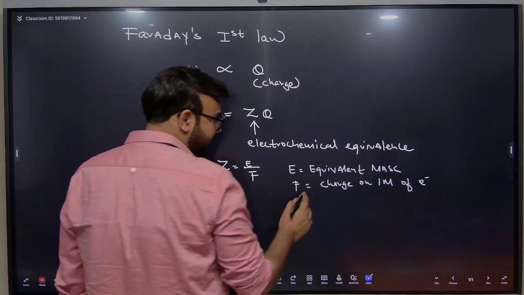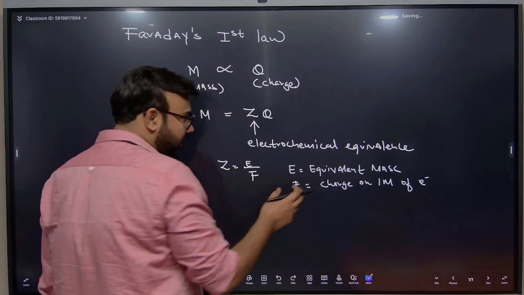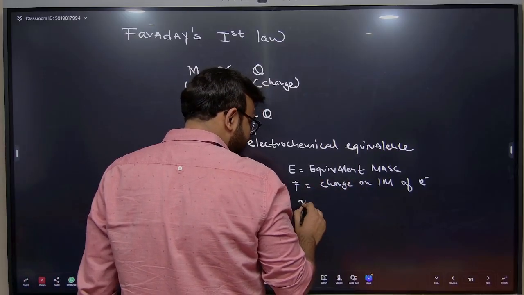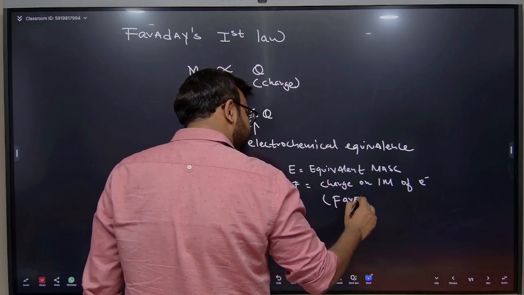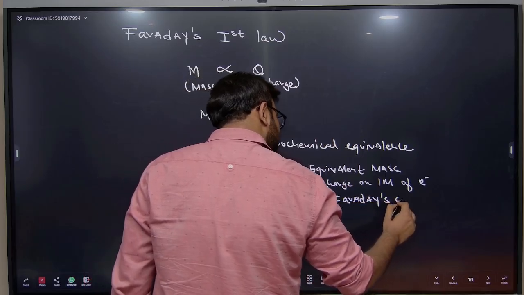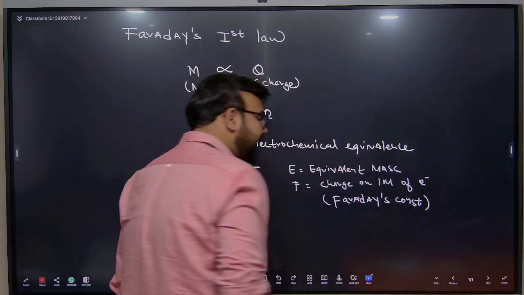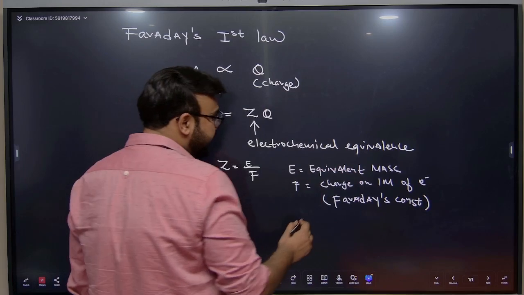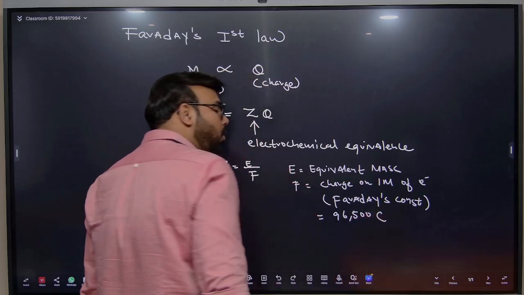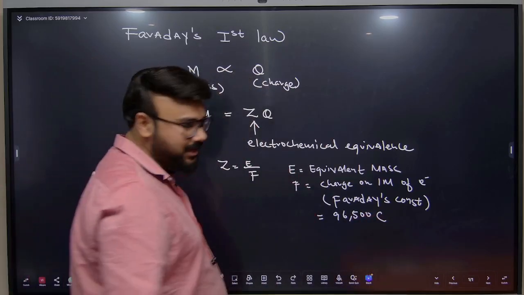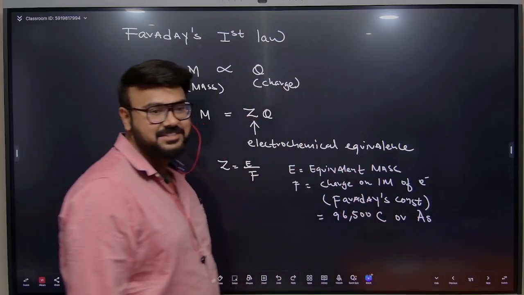So how much is the charge on 1 mole of electrons? F is also called Faraday's constant. I hope it's clear. The value of Faraday's constant is 96,500 coulomb, or As. Now tell me, what is As?